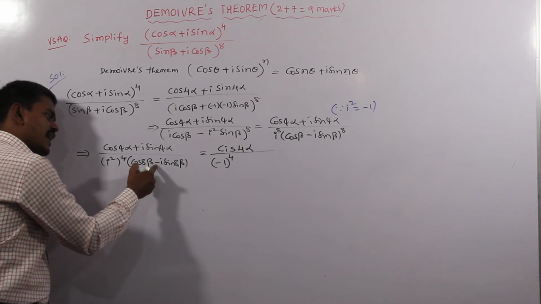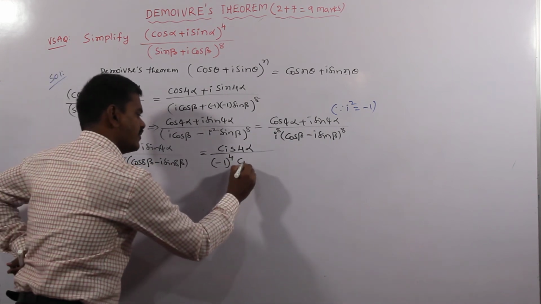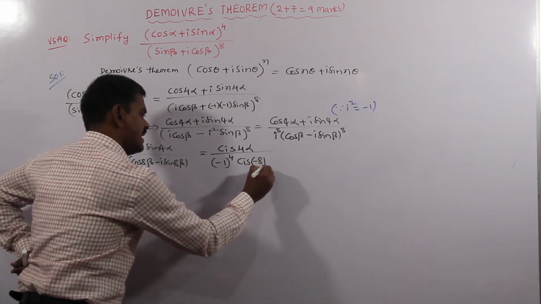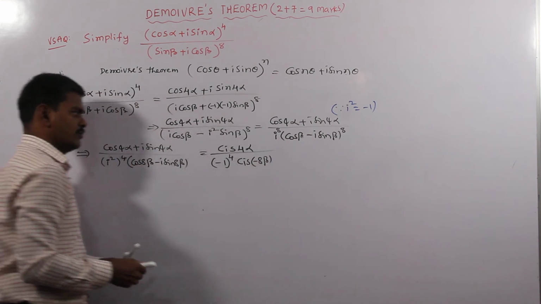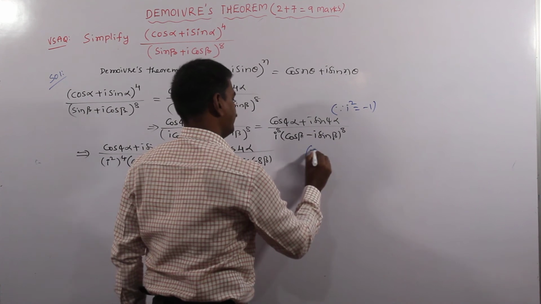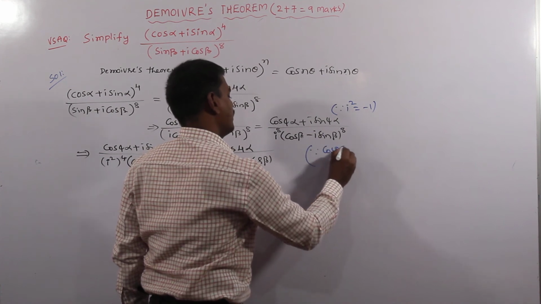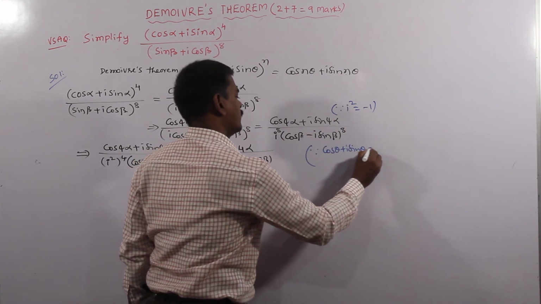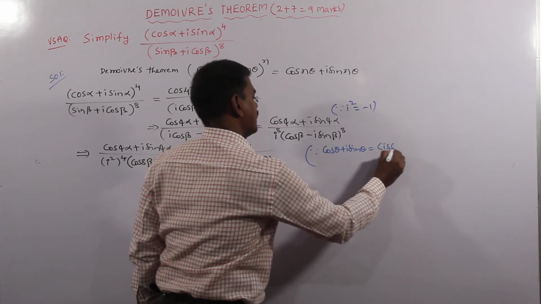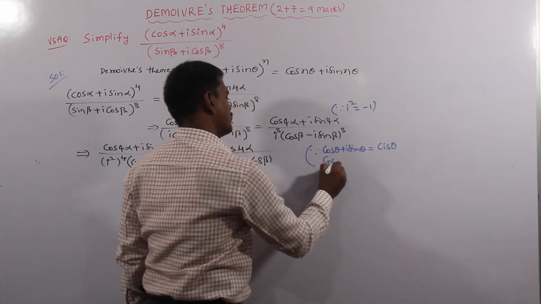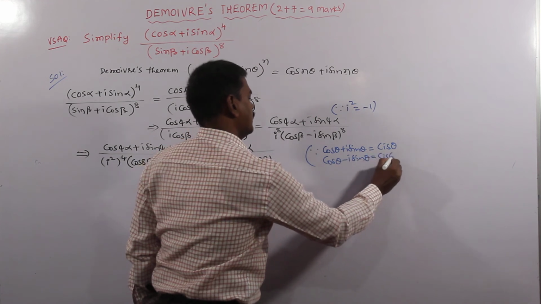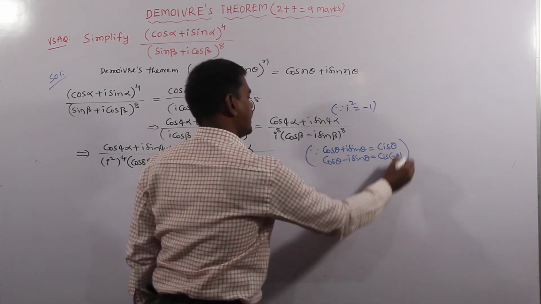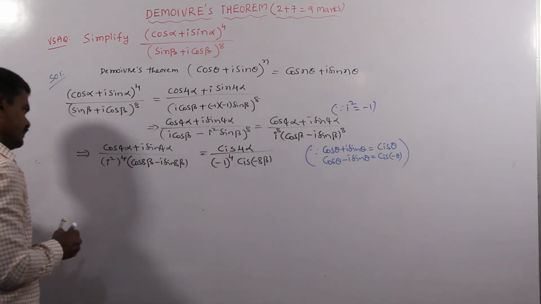Cos 8 beta minus iota sin 8 beta in short form is cis of minus 8 beta. So what do you know about short forms? Cos theta + iota sin theta, the short form is cis theta, simple form. Cos theta minus iota sin theta is simply written as cis of minus theta.